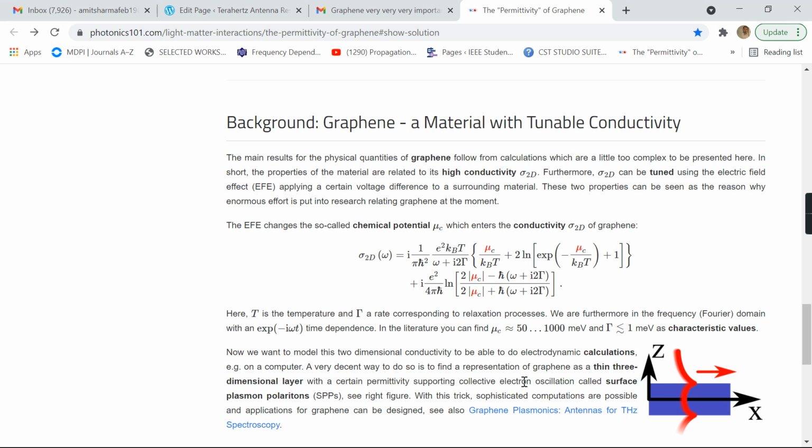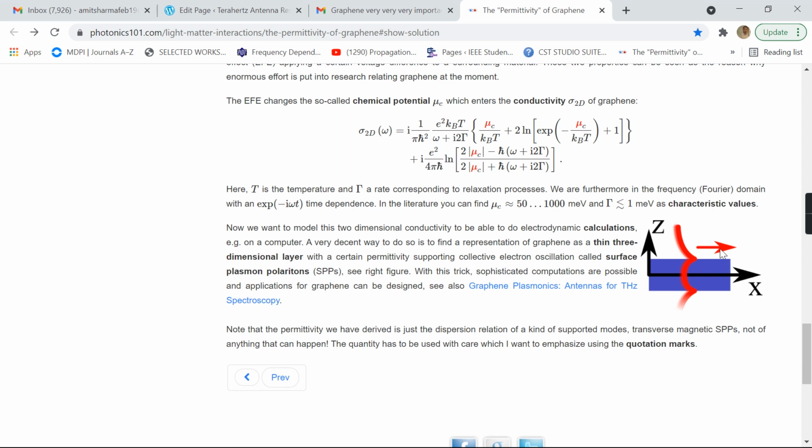It is collective electron oscillation on the surface of the graphene layer. See the right figure here, they have shown this. As we can see, the arrow is showing the propagation of surface plasmon polaritons. With this trick, sophisticated computations are possible and applications of graphene can be designed.